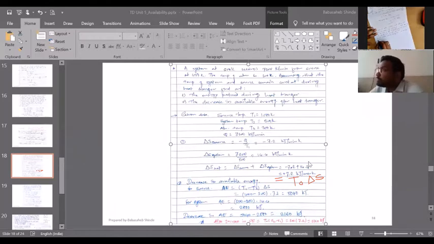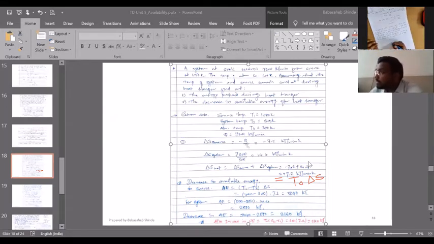And second one, the decrease in available energy after the heat transfer. Okay, that's the end of this statement.